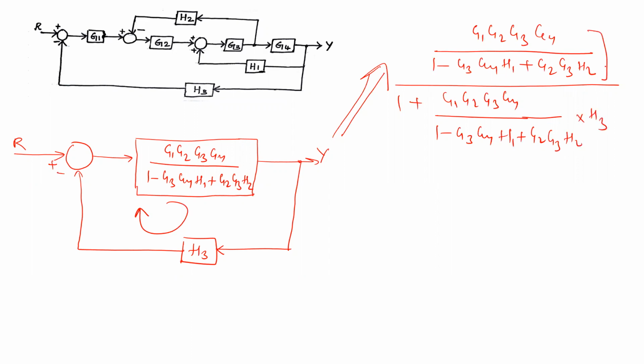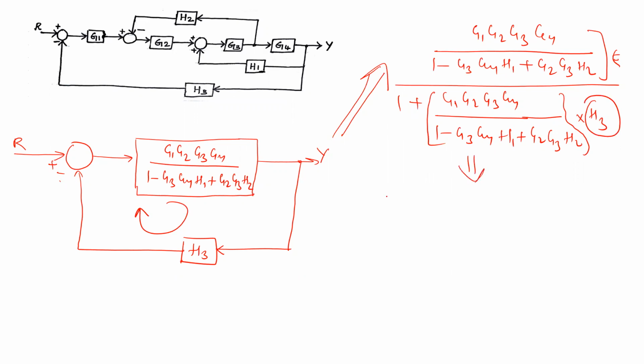Gain of the forward path divided by 1 plus, why did we take plus? Because it is a negative feedback here. So 1 plus gain of the forward path into gain of the feedback path.